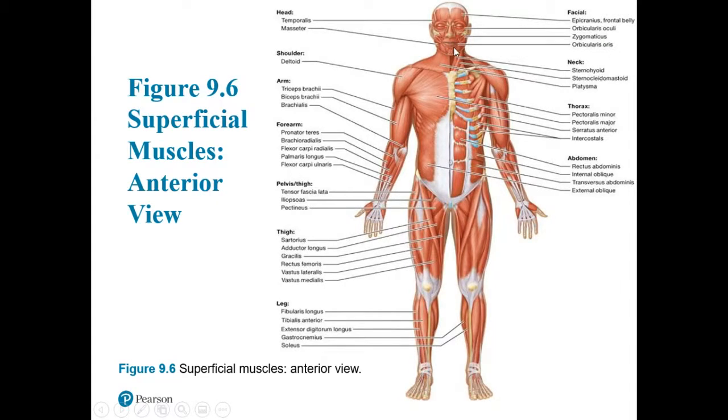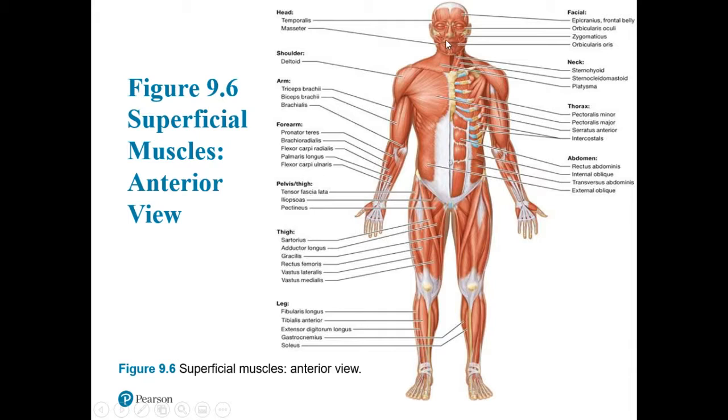Orbicularis oris would be your mouth. Okay, so the muscle that lies underneath the skin of your lips. So that would be the orbicularis oris. All right, so it traverses the entire mustache region, right? So right under the nose, and then it goes right below, right by the mentalis muscle, which is right there, and obviously in a circular aspect.